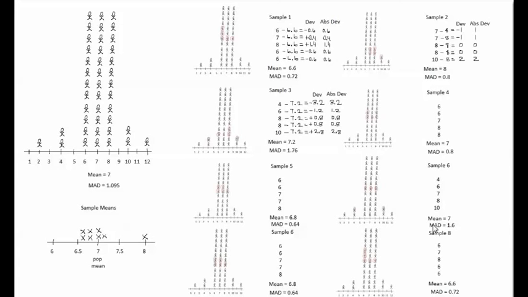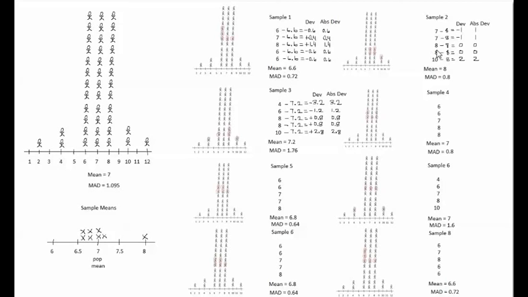Now let's look at how many samples have underestimated the population mean absolute deviation. Well, sample 1 is a 0.72. That's lower than 1.095. 0.8 is lower than 1.095.